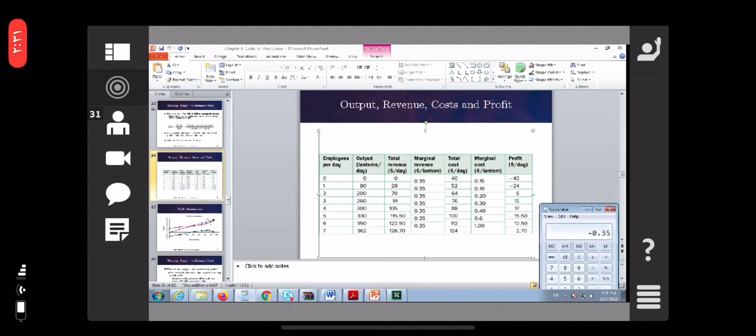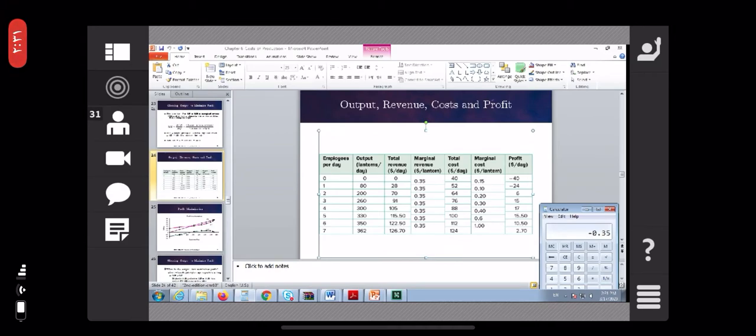Then apply the theory: continue to work as long as marginal revenue is larger than the marginal cost. So 17 in the profit column is the highest. This is the highest a producer can achieve.